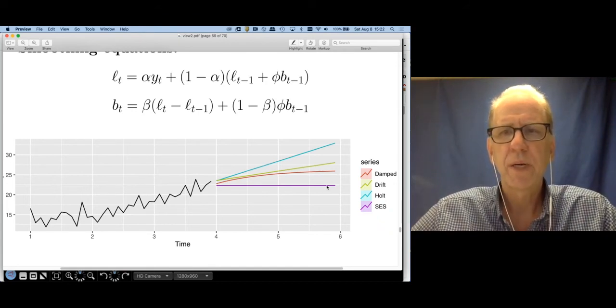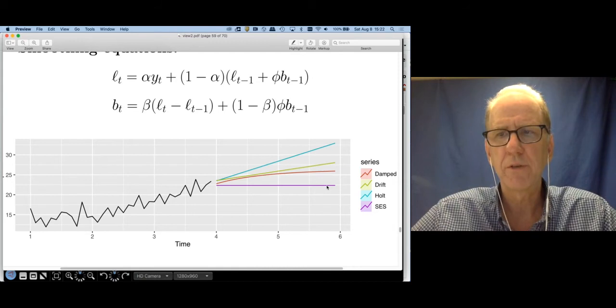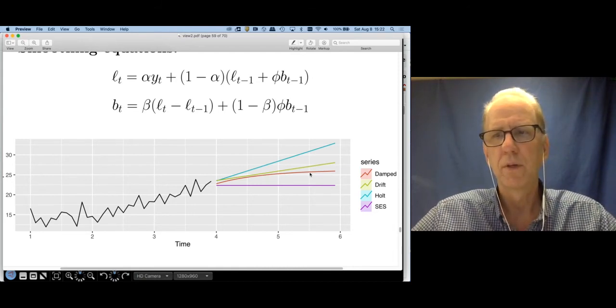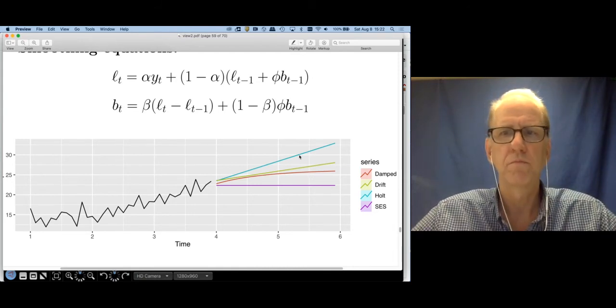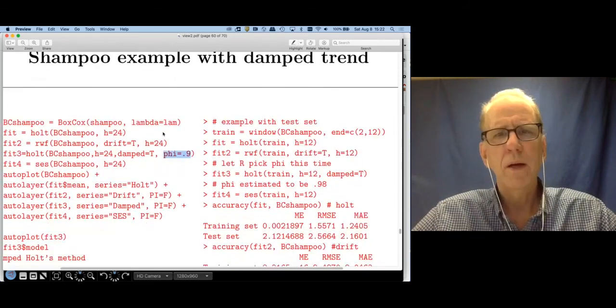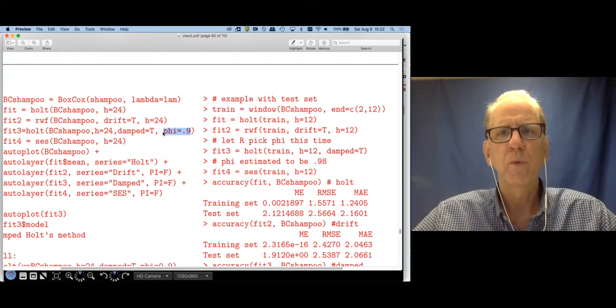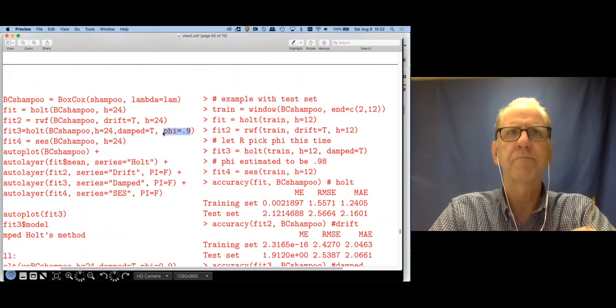So I think this picture should make the difference between the damped trend and a normal Holt linear trend model very clear. I want to do one more thing with you, which is let's have a test set.